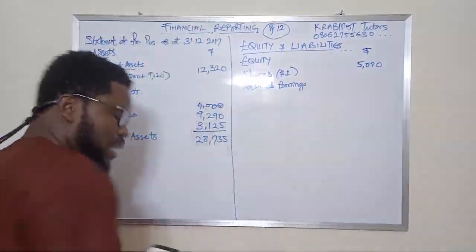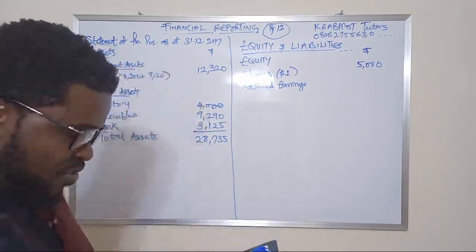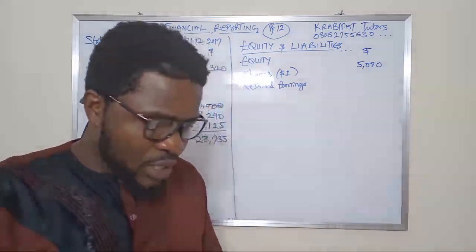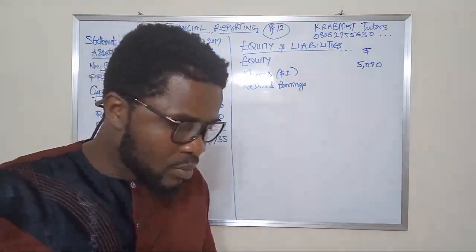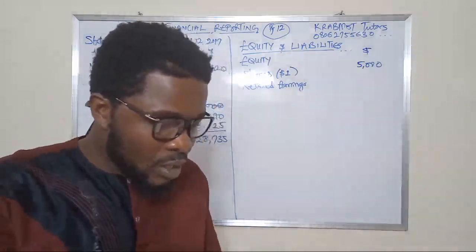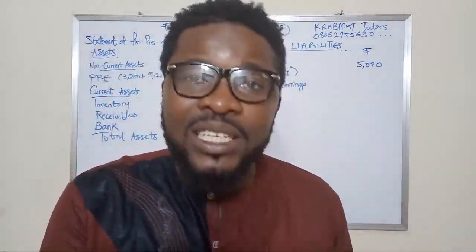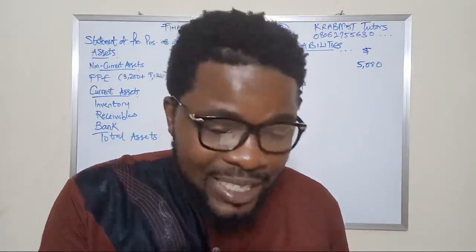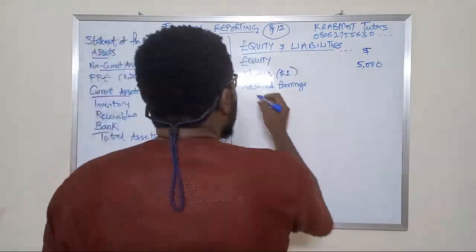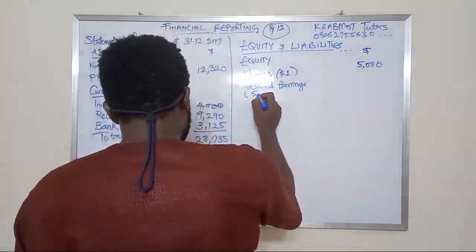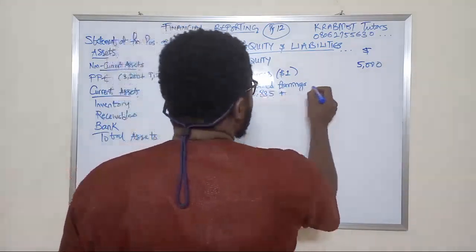So let's go. Now we are going to look at this. Retained earnings at 1st of January 2017. What is it? That's the second on the list in terms of the trial balance. On the credit side, that is 5,835 plus.